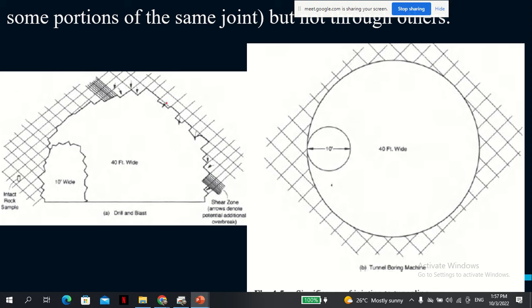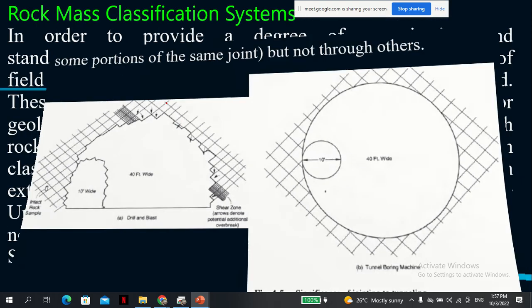It will even make the rock look like it's intact, because of the friction between the broken parts. So that interlock makes it look intact, but in fact the rock is as weak as its joints.